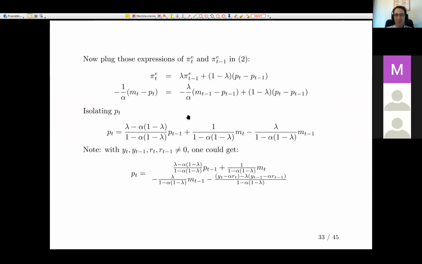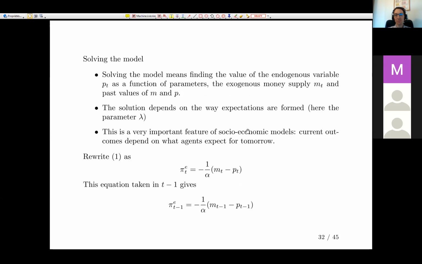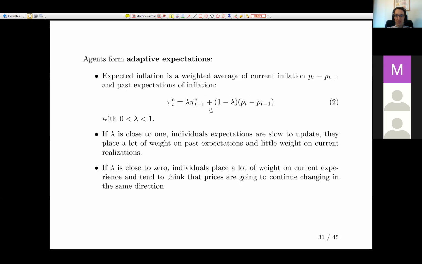So this is the dynamic of the Kagan model. Kagan's point is that a change in monetary supply today can have an effect on expected inflation tomorrow. How? Because expectations are adaptive.